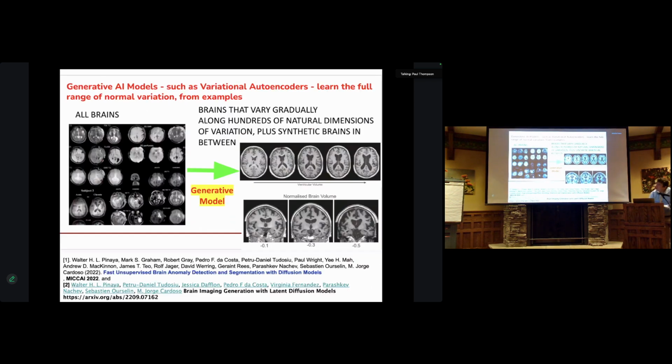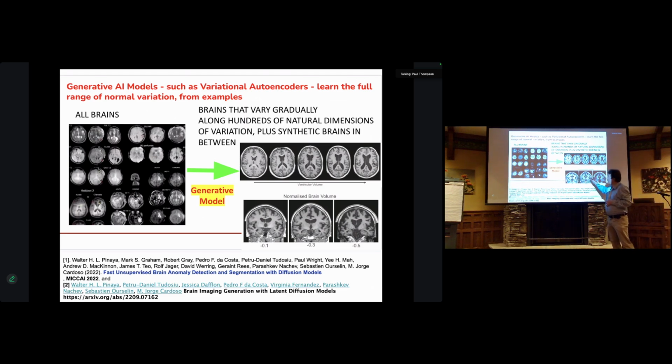So if you do this with brains, you'll get brains that vary gradually along hundreds of natural dimensions of variation, plus synthetic brains in between. So let's say you embed data in a latent space, and you compute the brain volume, and you make a cloud in the latent space where all the brains are with a certain brain volume.